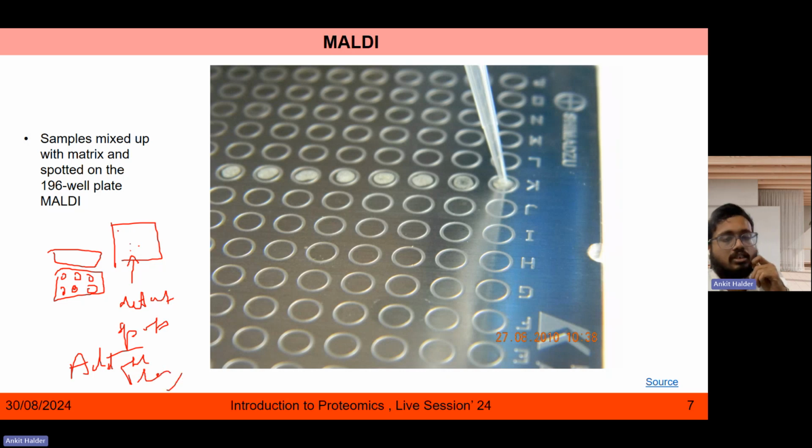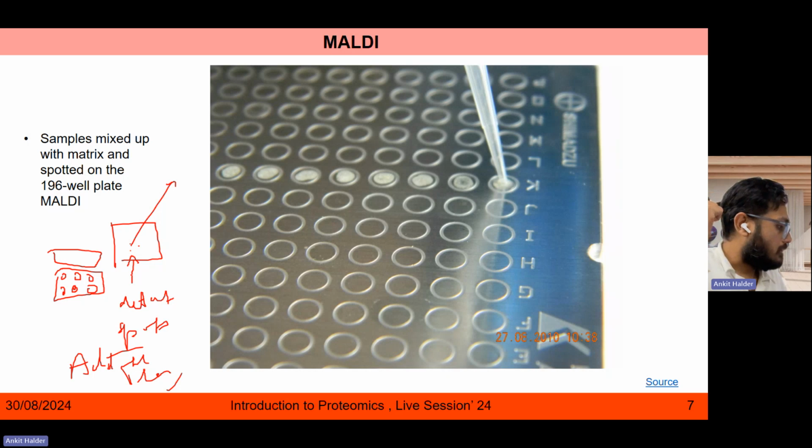What it will do is that desorption will occur and it will let the particular ions reach the detector to get analyzed.